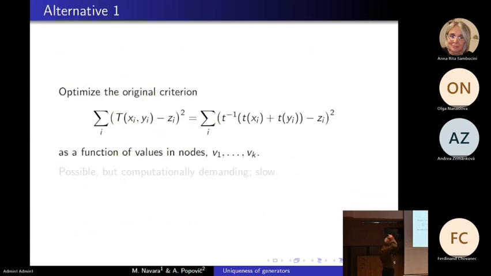First of all, it's needed to suggest some alternative. One suggestion is, okay, let's go back to the original criterion and try to optimize it using the values in the nodes. That means these are the values of the intended generator in the node. That's possible, but it's much more complex.